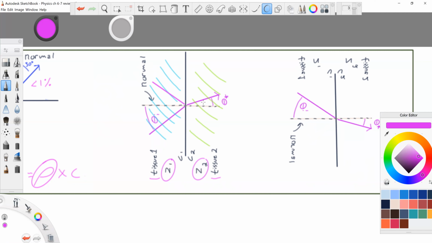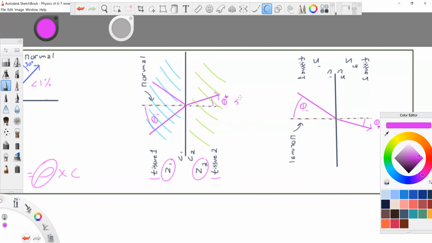I would say C1 is faster, C2 is slower. Theta I is bigger than theta T. That's a sideways T over here.